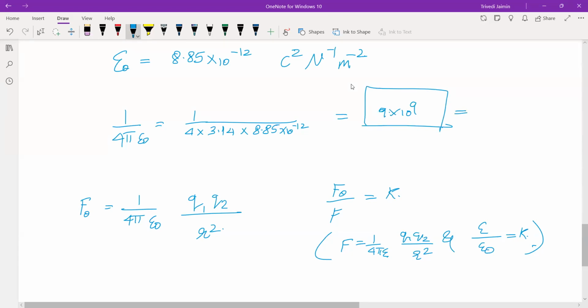So from now onwards we will use this value as K. So F equals K Q1 Q2 by R square. Until they mention some medium, we will take free space only. So free space value is 8.85. Now onwards, 9 into 10 to the power 9, which makes half of our calculation easy.